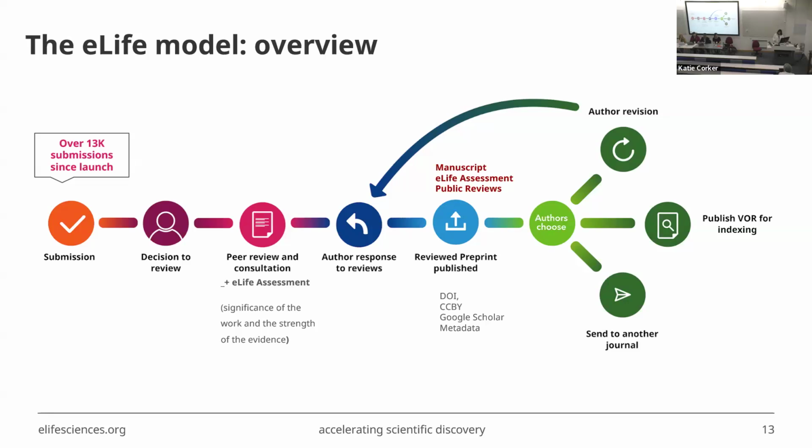It can be published as a version of record for indexing, i.e. at that point the authors choose to send their article for indexing, so it can be indexed in places like PubMed. PubMed requires a version of record for the article. Or the authors can choose at that point to send it to another journal. Perhaps they didn't like the assessment they got, and they decided to take it to a different journal and do a different process with that article.